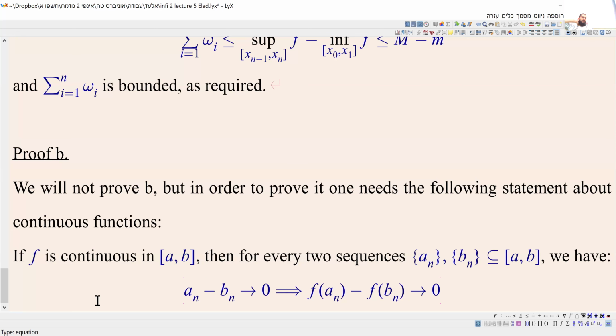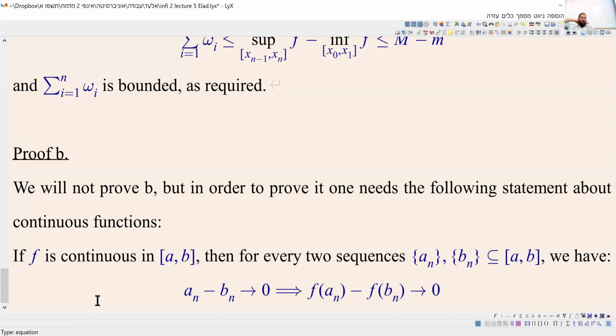I don't know if Erez mentioned it in Infi 1. When I teach it, at least in the last year, I don't have enough time to do it. But this property, that if the difference goes to 0, the difference between the images goes to 0 as well, is called uniform continuity.